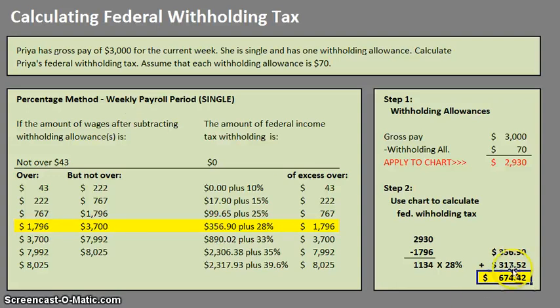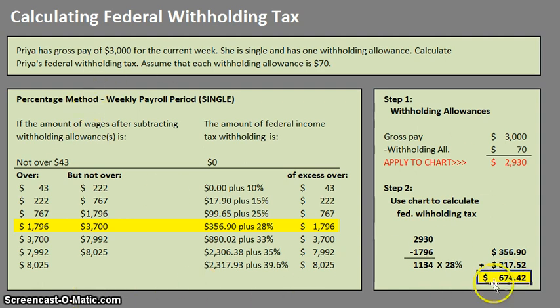And assuming that the payroll had worked successfully, this $674.42 should be putting Priya on track to not owe at the end of the year and to not get too much back. So it's supposed to align her taxes with where she's going to be at the end of the year.